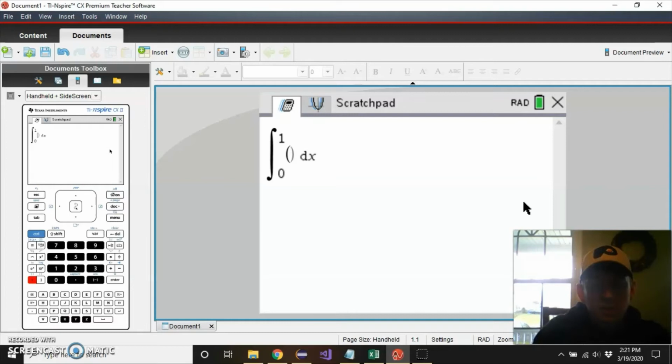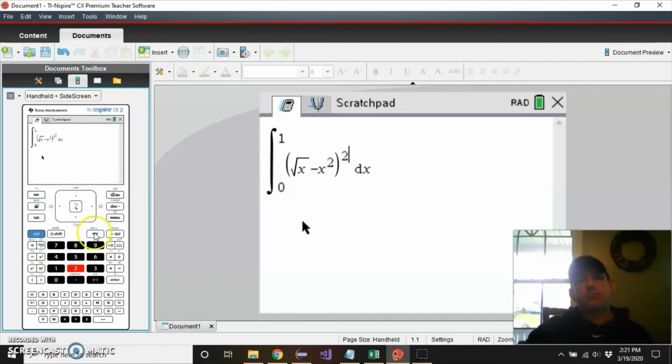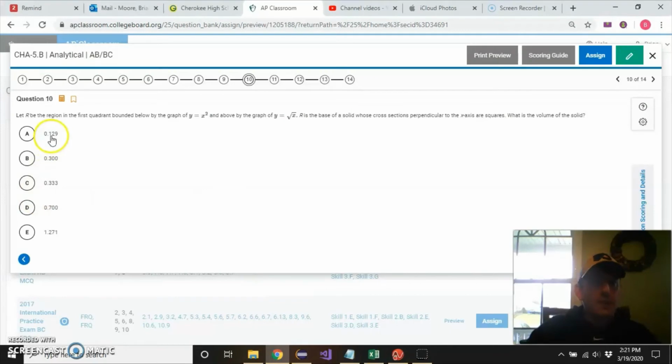And one of the sides of the square is just going to be root x minus x squared. And that gets squared. If everything's squared, you just need one side length squared. From 0 to 1, we'll add all of them up, and we get 0.129.